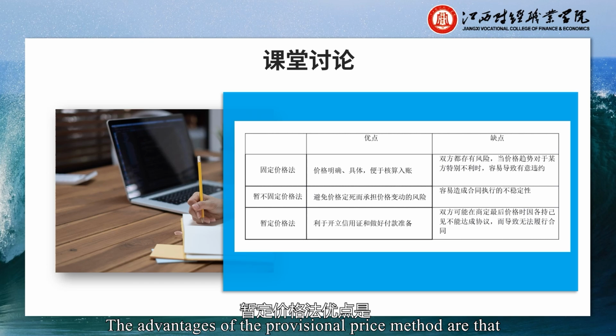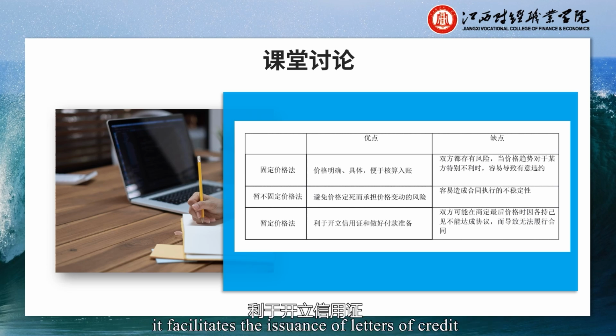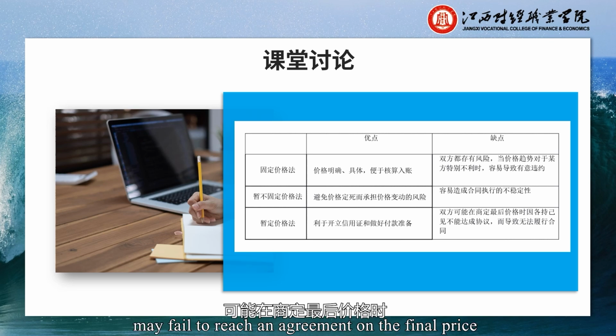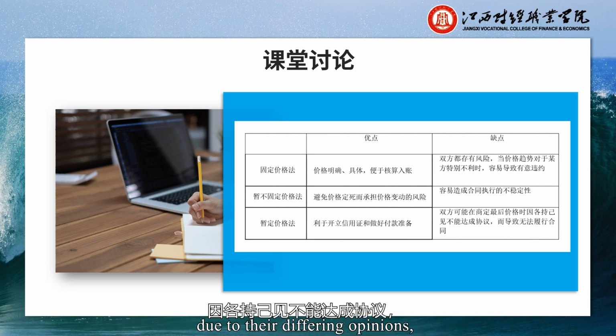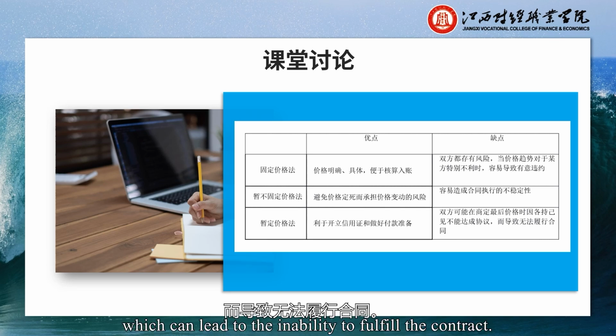The advantages of the provisional price method are that it facilitates the issuance of letters of credit and the preparation for payment. The disadvantage is that both parties may fail to reach an agreement on the final price due to their differing opinions, which can lead to the inability to fulfill the contract.